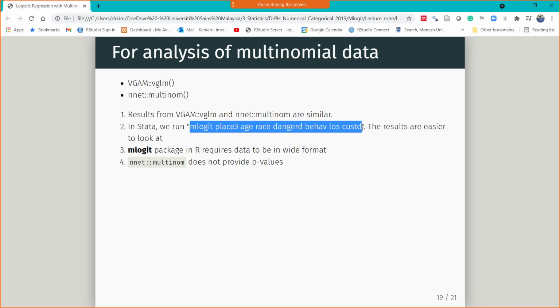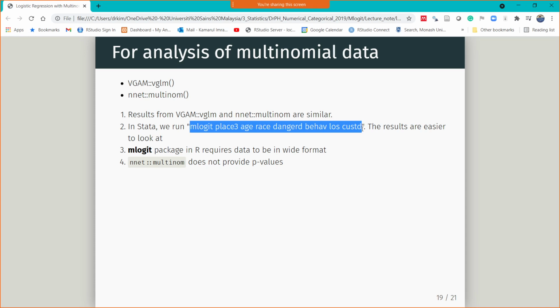And in my opinion, the results displayed by Stata actually look nicer. It looks cleaner, easier to look at compared to results from R. So you see later.